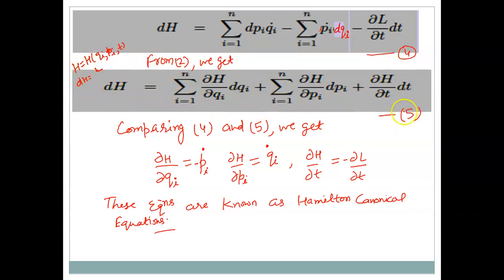Now you can compare equations 4 and 5, and when you compare them we get del H by del qi is minus pi dot, del H over del pi equal to qi dot, and del H over del t is minus del L over del t. These equations are known as the Hamiltonian equations of motion or Hamiltonian canonical equations.